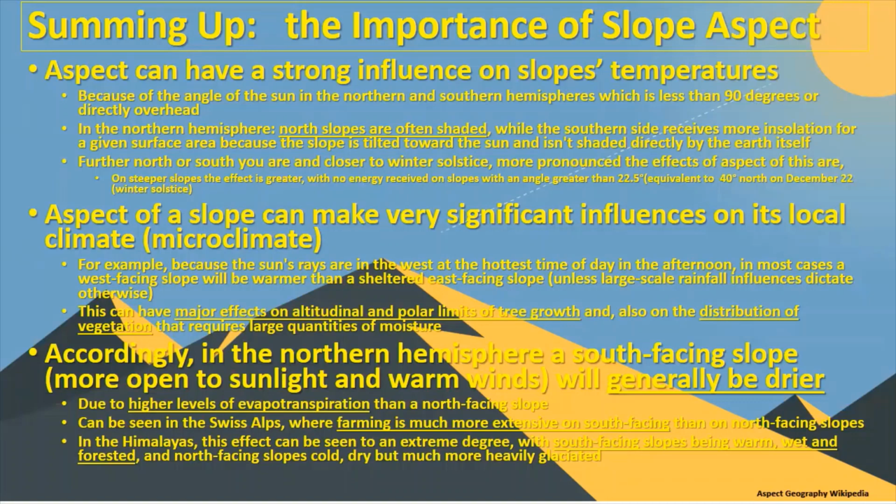So these things are evident in where people settle. So in the Swiss Alps, you can see farming is much more extensive on south-facing slopes. Of course, animals will take advantage of that. As we said, in the Himalayas, you can see the same effect on south-facing slopes because they're warmer and wetter, and north-facing slopes are forested.